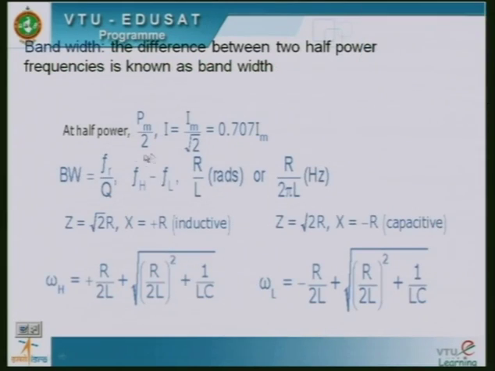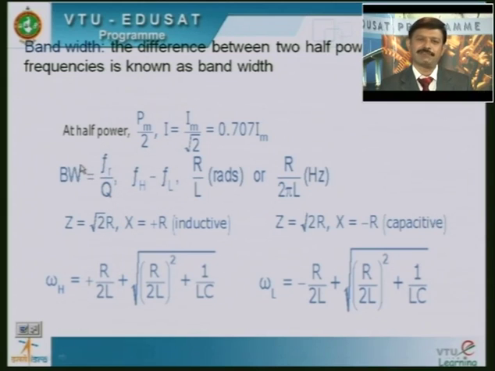You can see that here with expressions. Total power divided by 2, and current at those 2 points is maximum current divided by root 2, that is 0.707 times of Im. Next, bandwidth can also be computed as resonating frequency divided by quality factor. If you know the value of Q factor and the value of resonant frequency, the ratio of those becomes bandwidth.